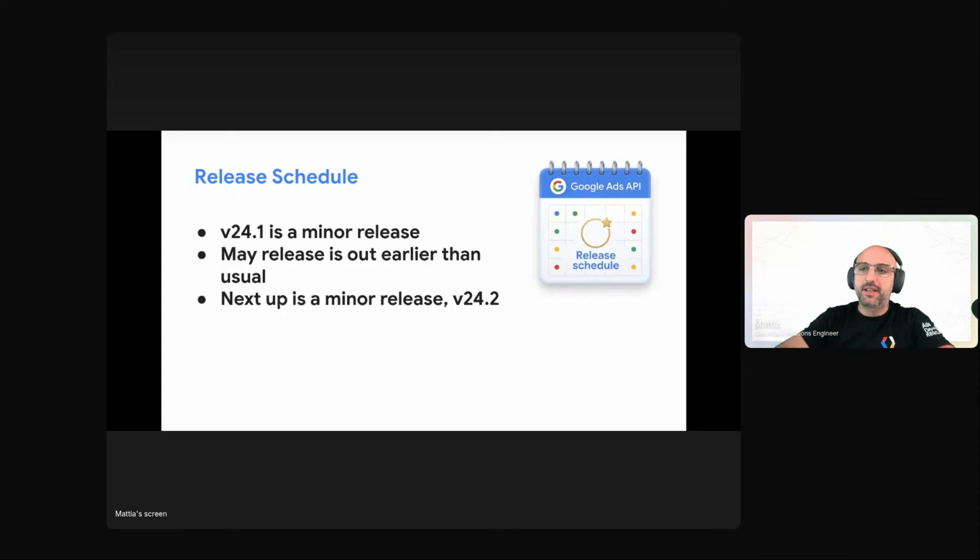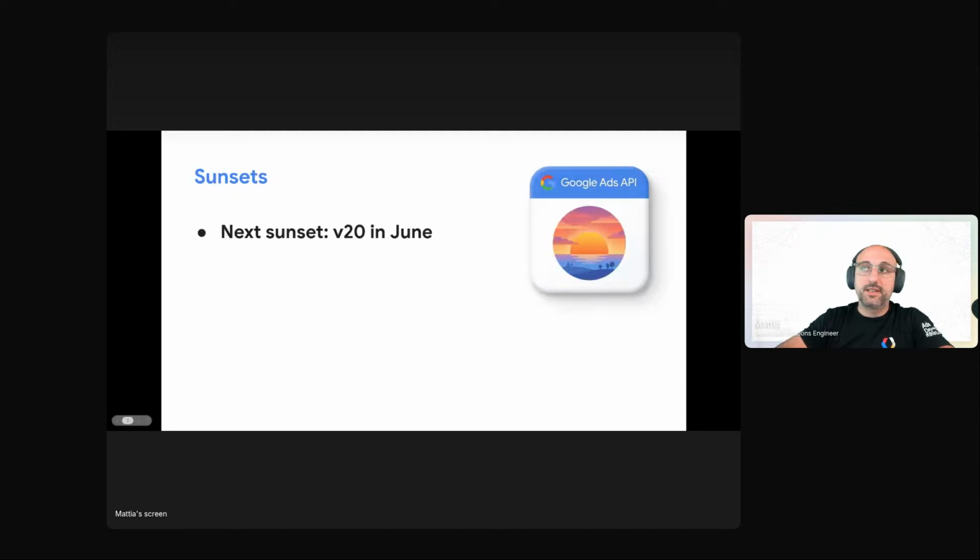But speaking of next month and speaking of June, I also have an important reminder, which I've been mentioning a few times already in our live events, and that is that V20 of the Google Ads API is going to be sunset soon, actually in June. So if you use our official client libraries and you updated to the latest version, you will notice that we already removed V20 from the latest versions of the client libraries because it's due for sunset soon.